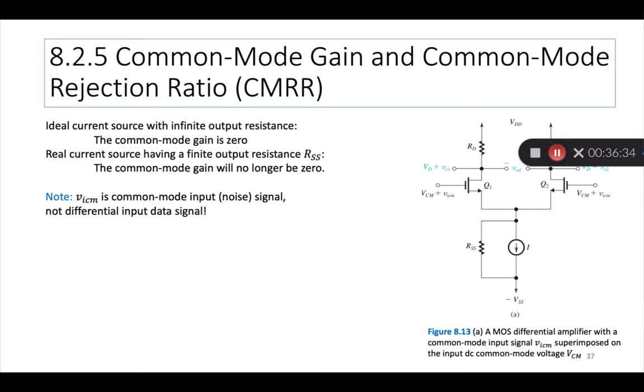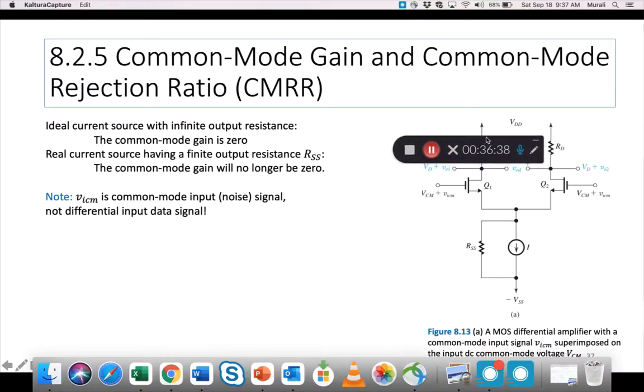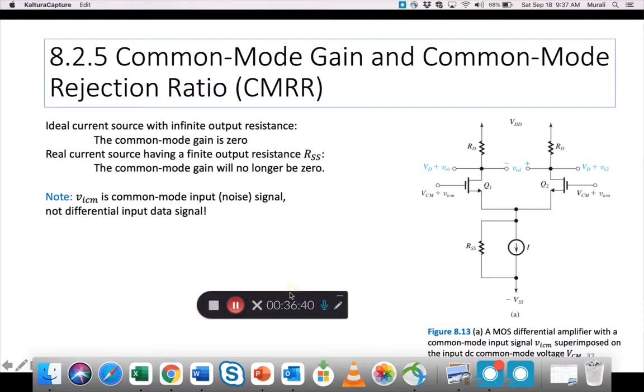We have an important topic to understand in the next 10 minutes called common mode rejection ratio, CMRR. So common mode gain, I think we've already studied that a little bit. If the ideal current source has infinite output resistance, the common mode gain is 0.